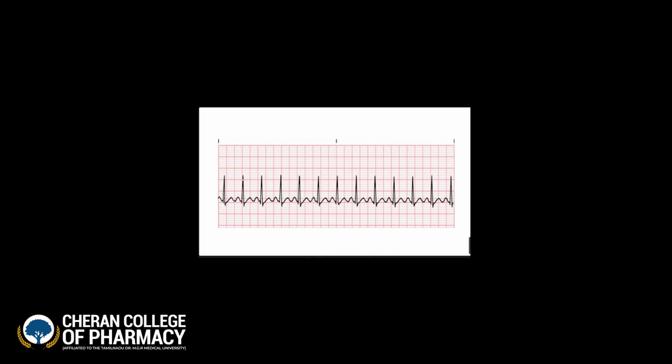What range does it lie in? 70 to 80. You are saying the heart rate lies between 60 to 100. If it goes below 60, then it is bradycardia, and above 100 is tachycardia, right?